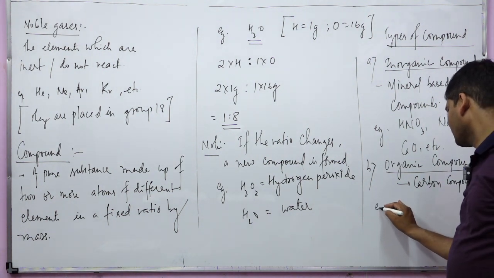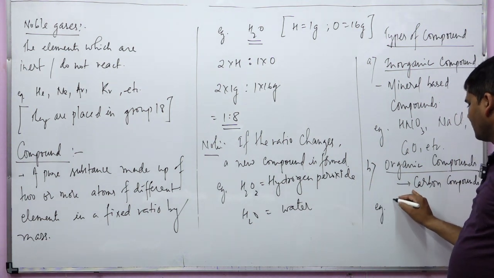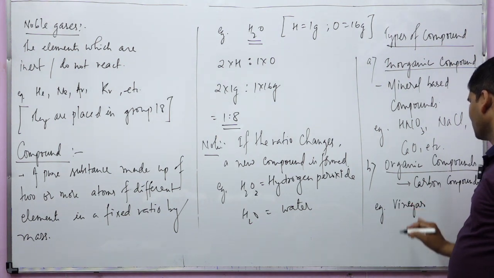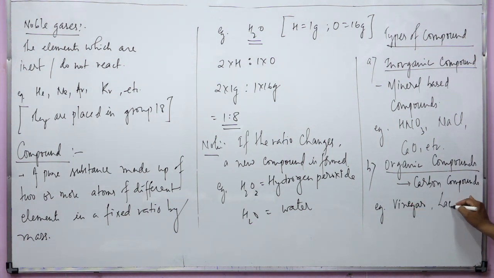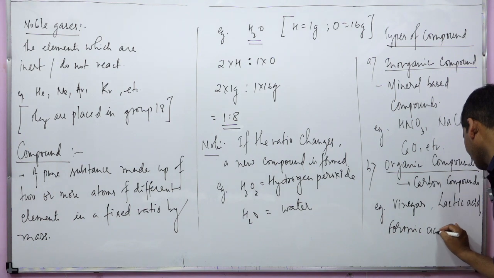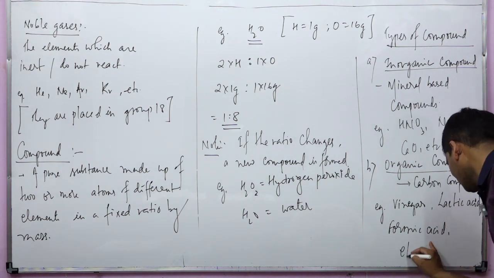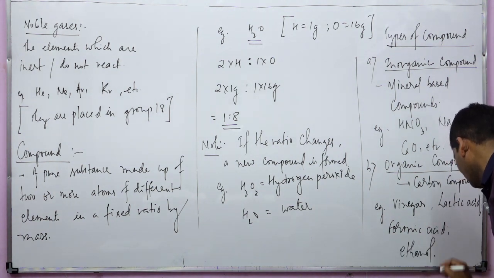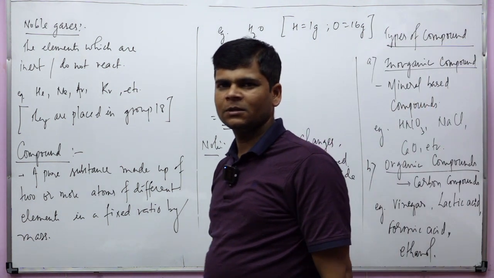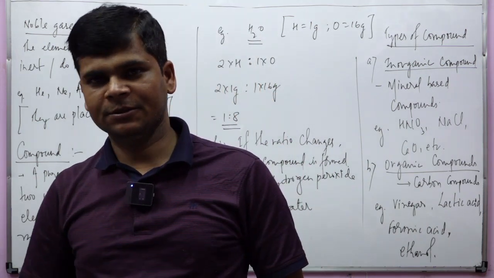You can take examples like vinegar is an organic compound. Lactic acid is also an organic compound. You must have heard about ant bites containing formic acid, or the common alcohol, that is ethanol. So these are about compounds.